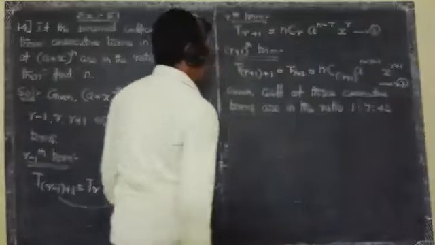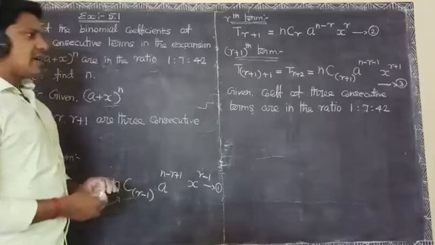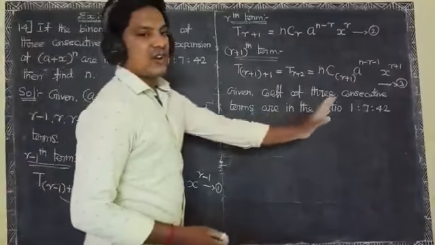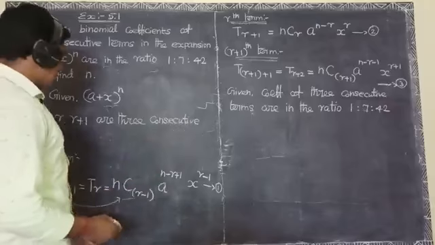Now, equating the ratio 1:7:42 to the coefficients of 3 consecutive terms.